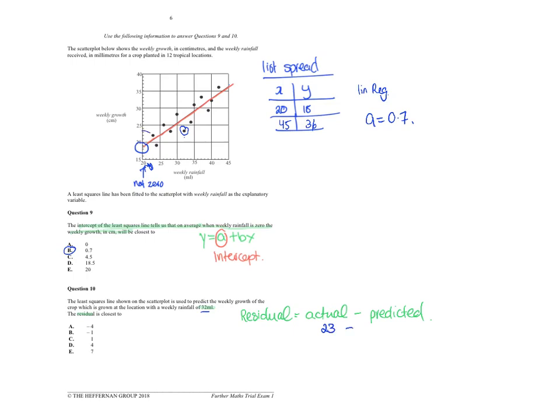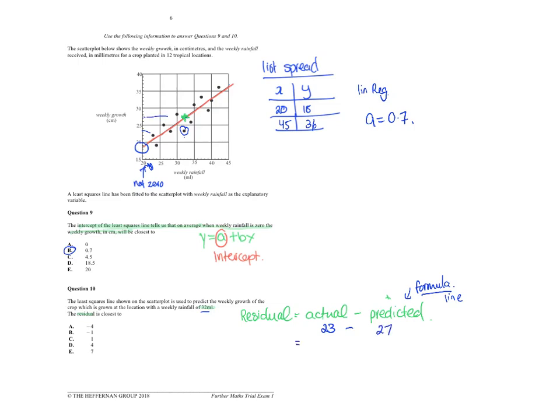Then we get the predicted by using, we can either use the formula, or we don't have the formula either. We can see the line. So I'll go get the predicted at this point. There's the predicted here, up here. So that's the predicted. So if you read across, it's about 27.